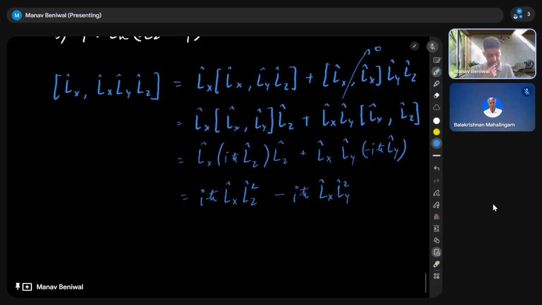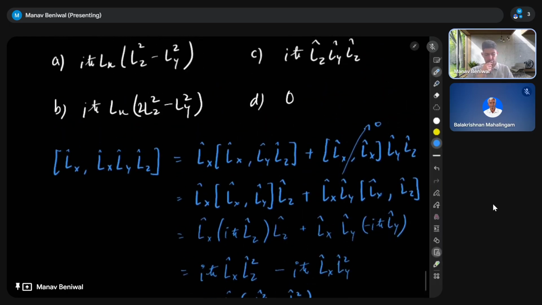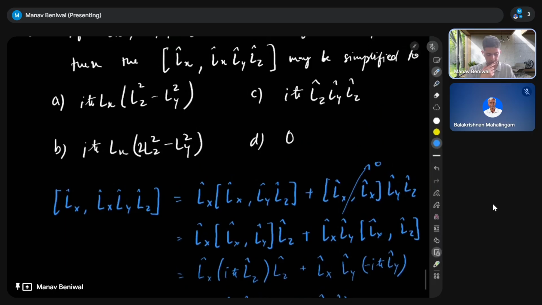So now let's take this iħ Lx as a common factor, and inside we will have Lz squared minus Ly squared, which is option A.